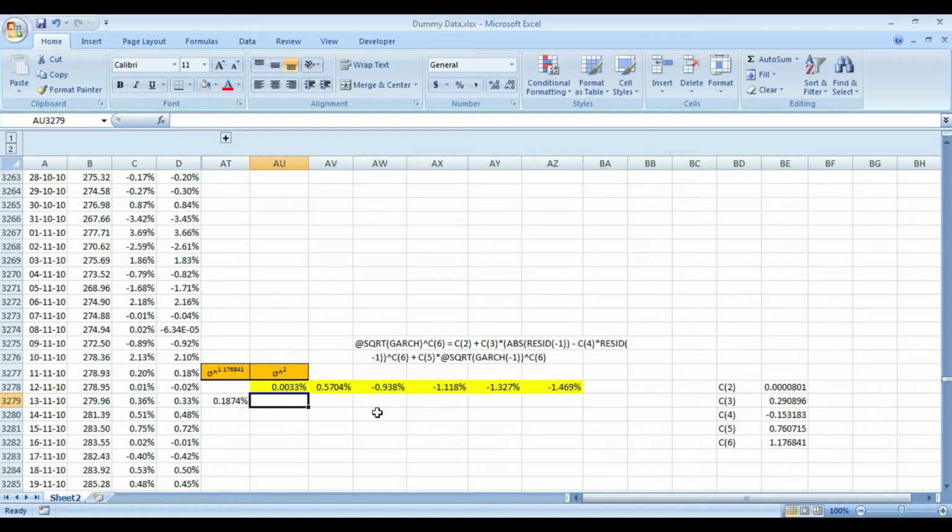It will simply be this conjugate raised to the power of 2 divided by 1.176841, right?